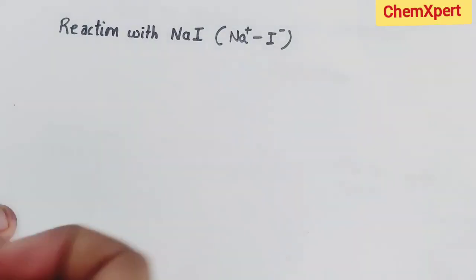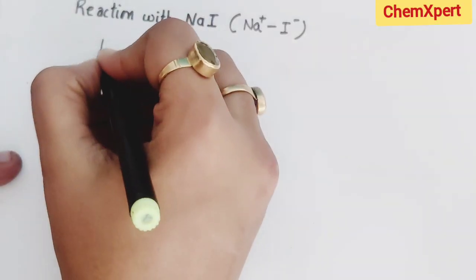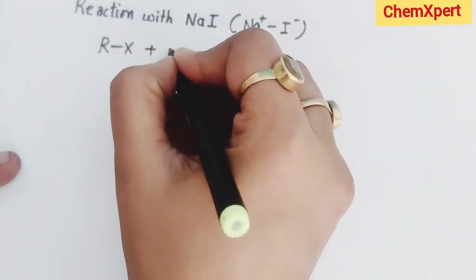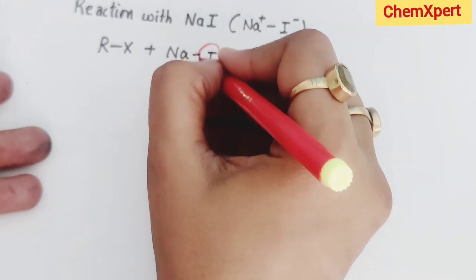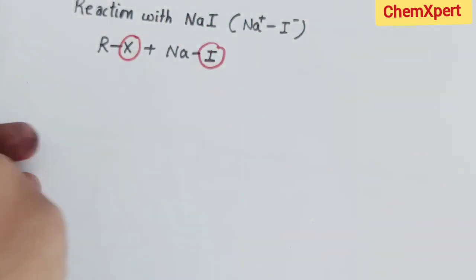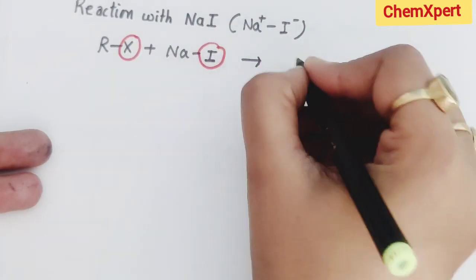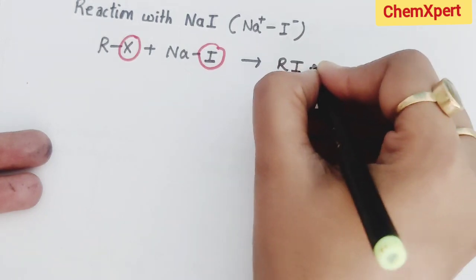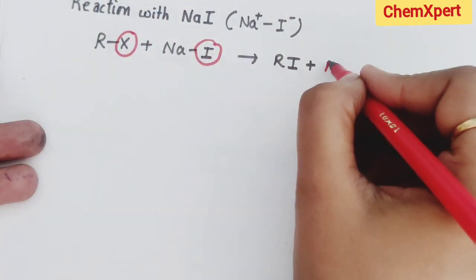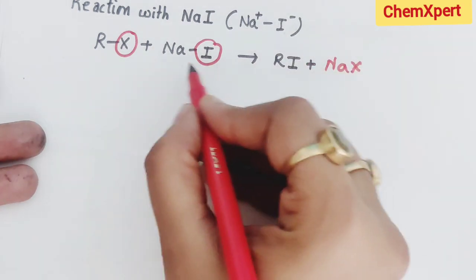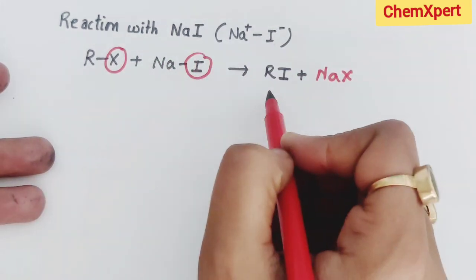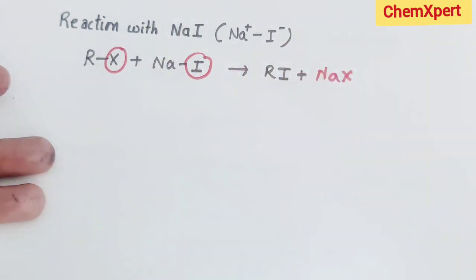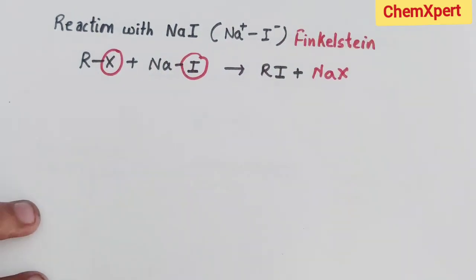When we do the substitution here, that is RX plus NaI, this negative I will substitute this X here, and the product will be iodide formed plus NaX. This is the same reaction which we have done in the preparation of haloalkane by the halogen exchange method, also known as the Finkelstein reaction.